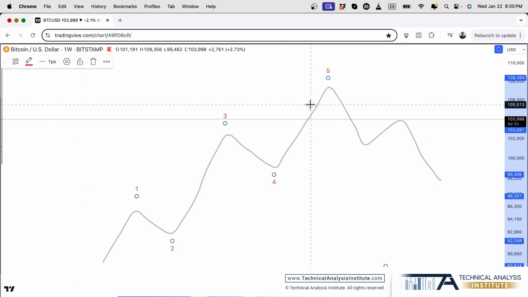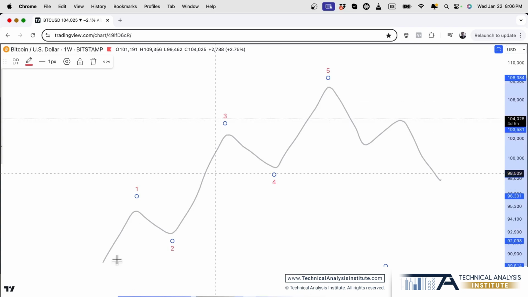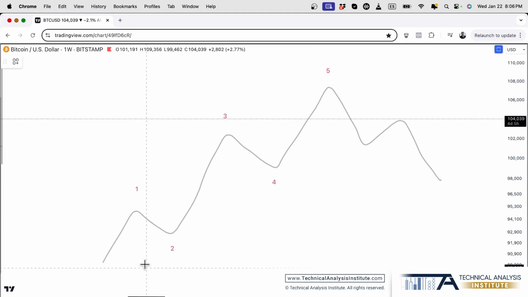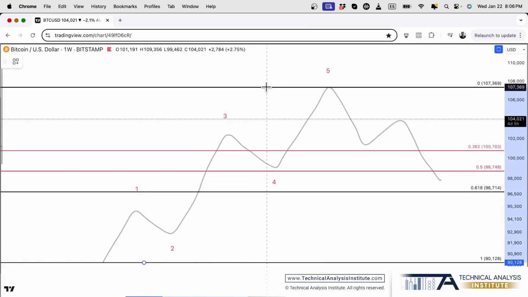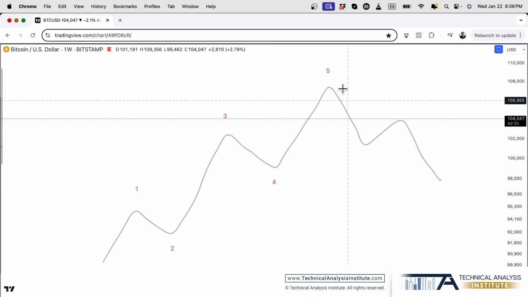And if this is the beginning of a new trend, in other words, the first wave of a much larger move to the upside, we can expect that this ABC, which would be wave 2, would retrace 50% of the distance traveled by the first wave. In other words, we could use a Fibonacci tool here to measure this and expect that 50 to 62% would be reached upon completion of the retracement.